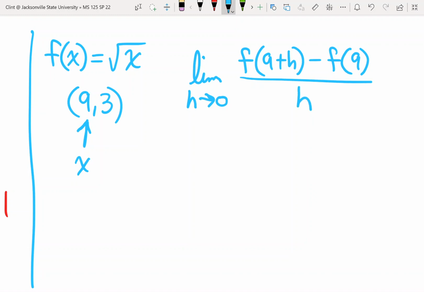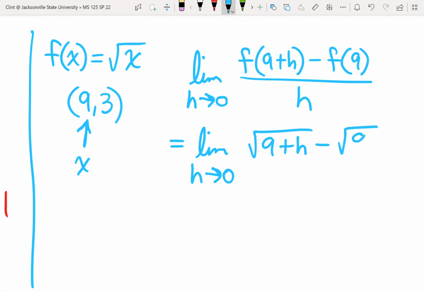This one's not quite so messy. The limit of the square root of 9 plus h, minus, I may have spoken too soon, minus the square root of 9, over h. I don't think we've done one like this, have we?